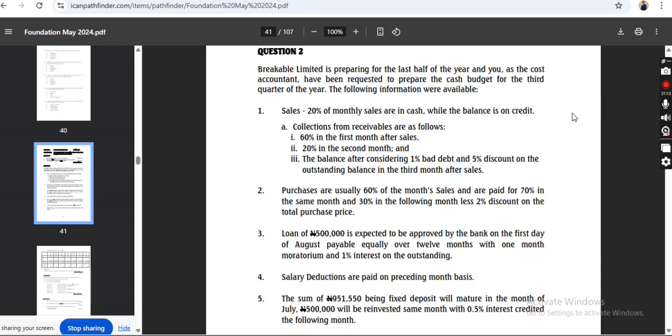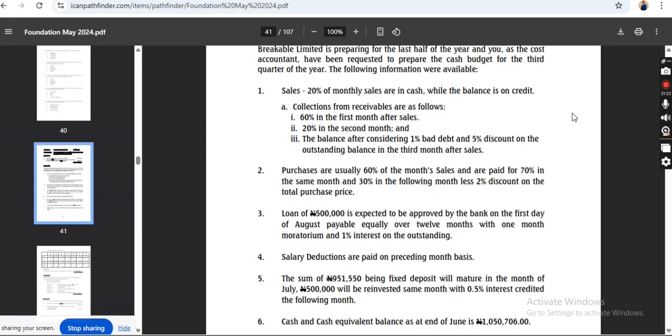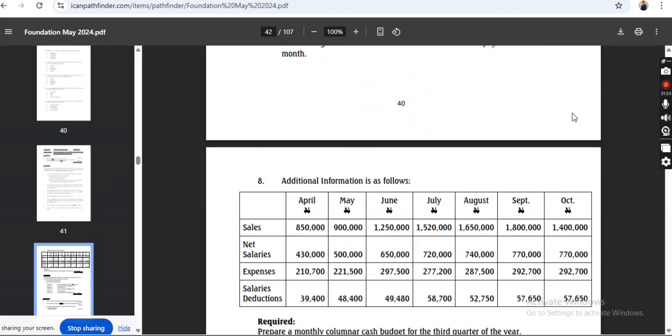So we need to check in the second month, which means that April sales will be paid in June.